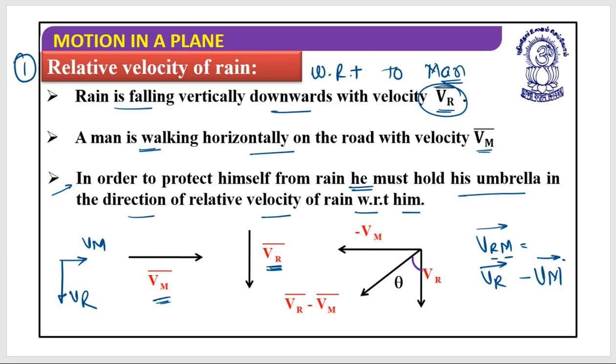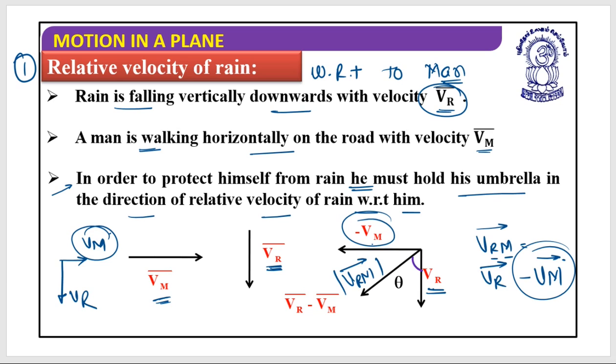But what I want is minus of Vm. So this is VR, and minus of this vector is minus Vm. And if two vectors are there, their resultant will be between these. So this would be the VRM.